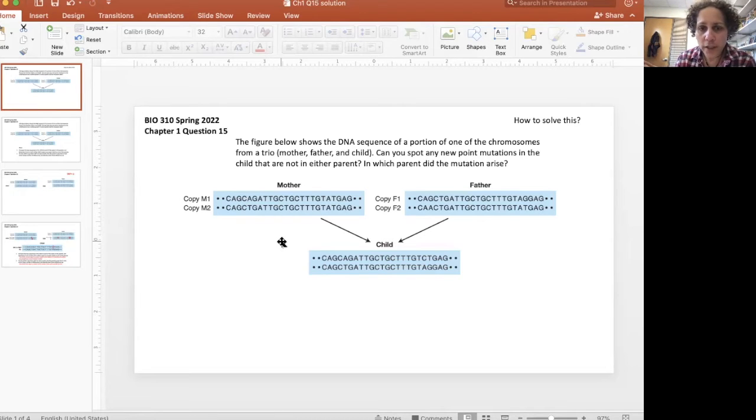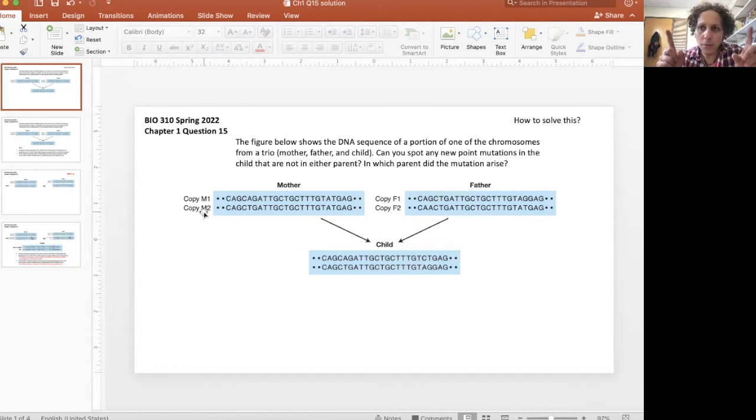What we're actually looking at is two pieces of DNA from two separate chromosomes. Let's call this chromosome 5. Let's say that this copy M1 from the mother is a strand of DNA that came from chromosome 5 in her genome, and the copy M2 came from the homologous chromosome 5 in her genome.